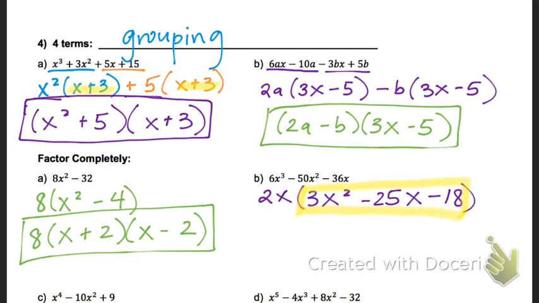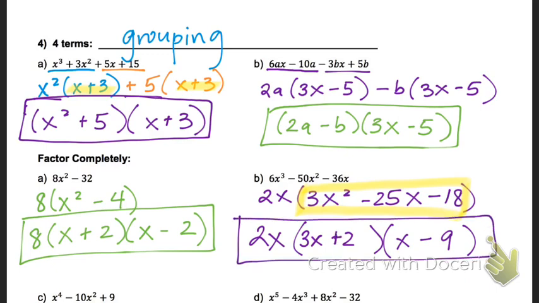For my final answer, I'm going to keep the 2x out front, and then I'm going to have 2 parentheses: 3x plus 2, x minus 9. Awesome. What if you get 3x minus 2, x plus 9? If the signs are switched, that'll end up being a positive 25. So the signs have to be right.